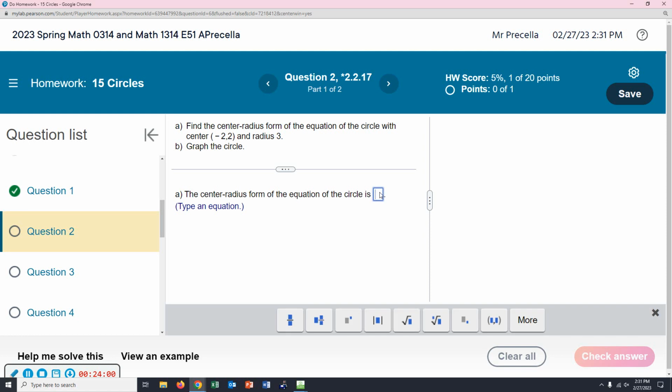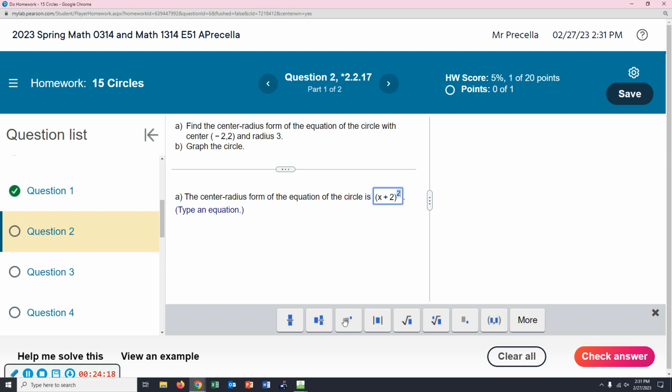So typing in that equation for a circle. Let's see, I'll go shift parentheses x plus 2 close parentheses, where's my exponent key?